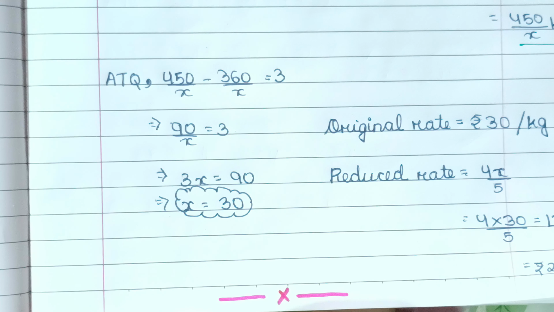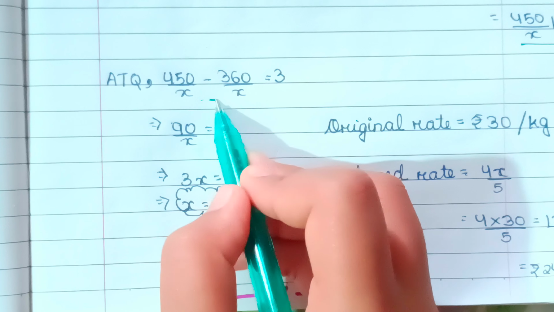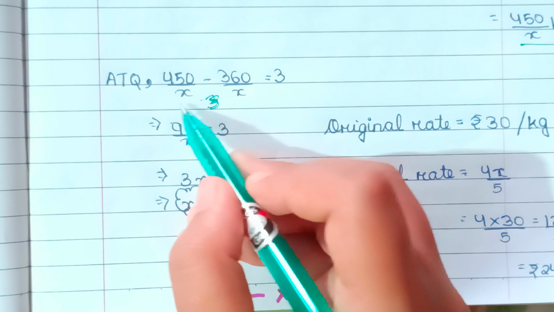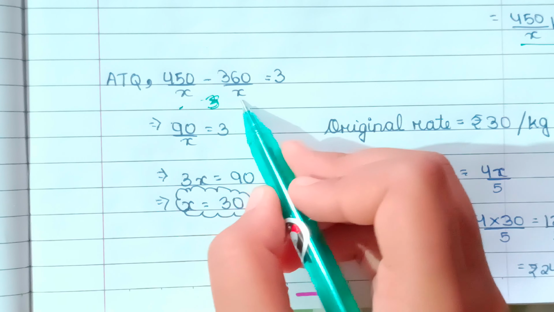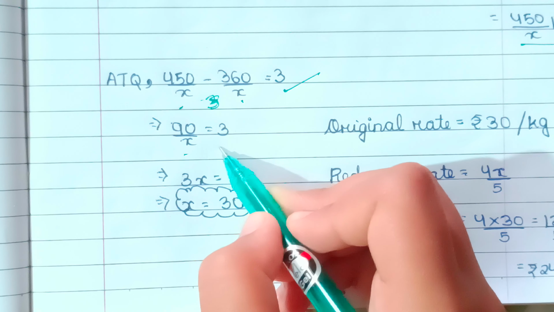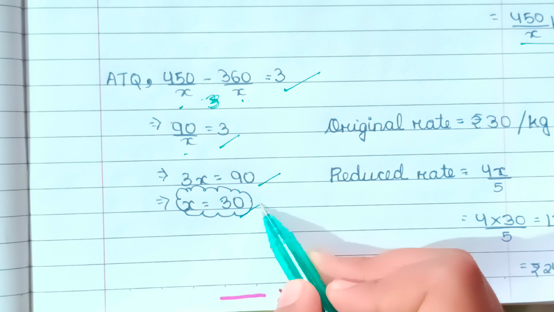Mrs. Saha is able to buy an extra 3 kg. So the difference between these two gives the extra 3 kg. So 450 by x minus 360 by x is equal to 3. So 90 by x is equal to 3, 3x is equal to 90, and x is equal to 30.